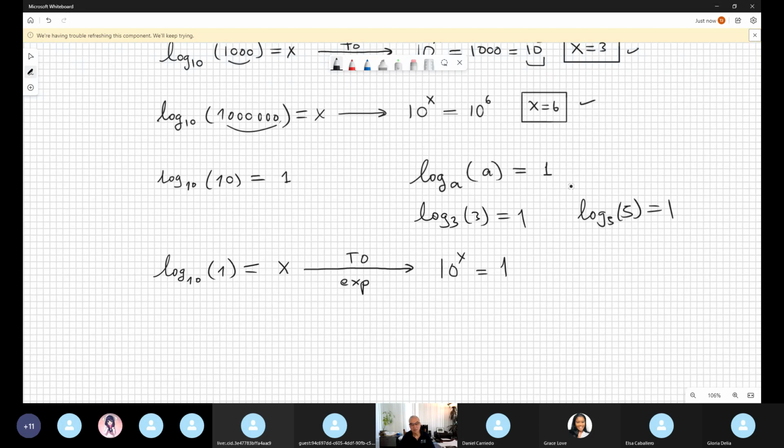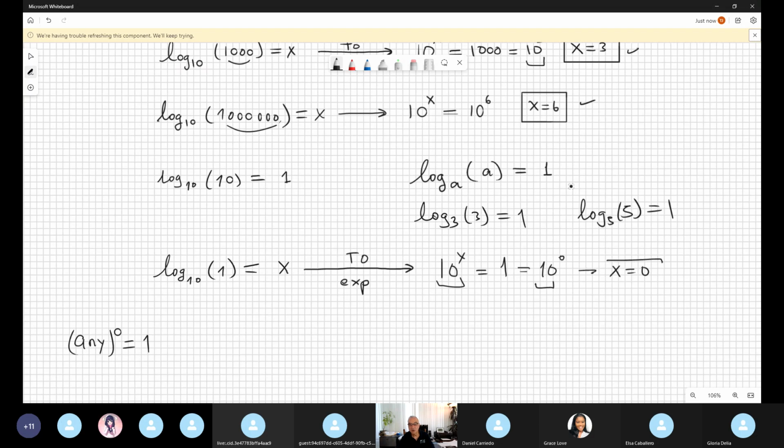Yes, you can, because I need to remember that any number raised to the 0 power is 1. Any number, it doesn't matter if it's 10 or 3. So this is equivalent to saying 10 to the 0 power. Therefore, same base, the answer is x equals 0.